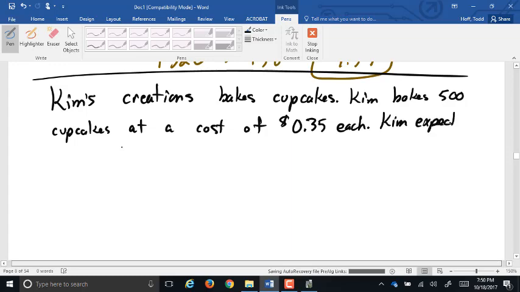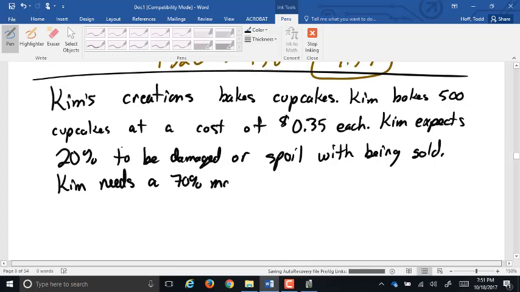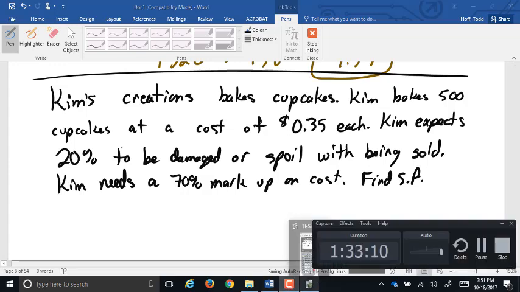Kim expects 20% to be damaged or spoiled without being sold. Kim needs a 70% markup on cost. And because I'm getting tired, find the selling price. I'm going to give you guys a couple minutes to try this in your notes.